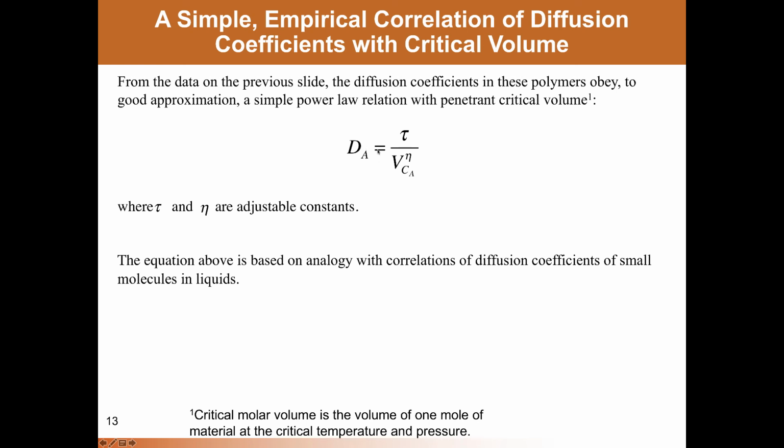One way to correlate those diffusion coefficients is to plot the log of the diffusion coefficient against the log of the critical volume, and then that plot has a slope of eta and has a front factor of tau.